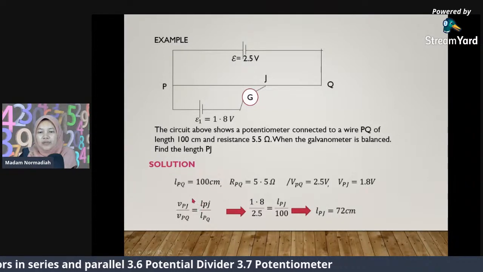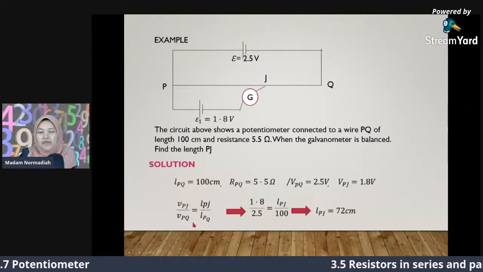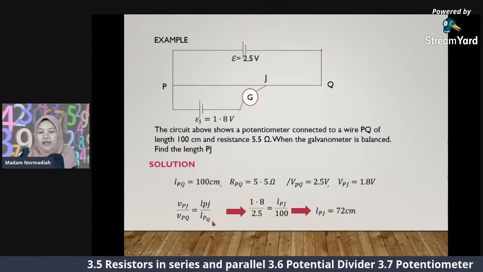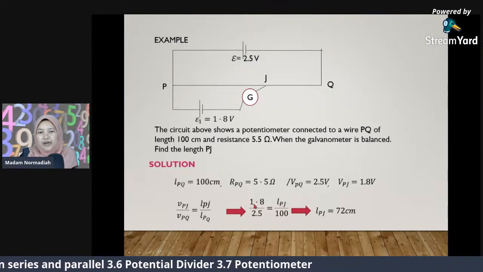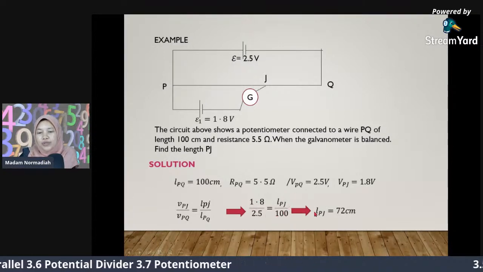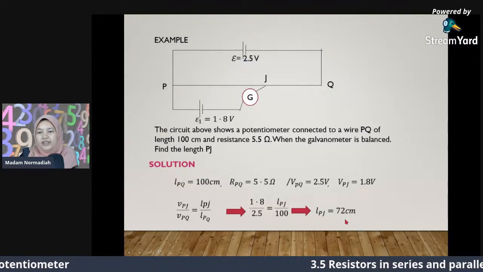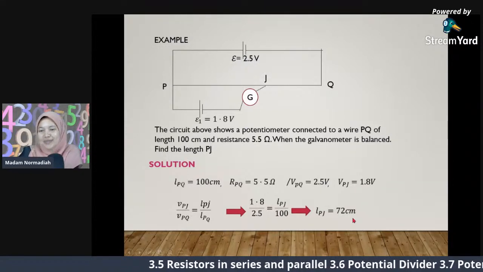And then you substitute the values for VPJ, which is 1.8 volt, VPQ 2.5, and LPQ 100 centimeter. Rearrange the equation to get the length of PJ, which is 72 centimeter.